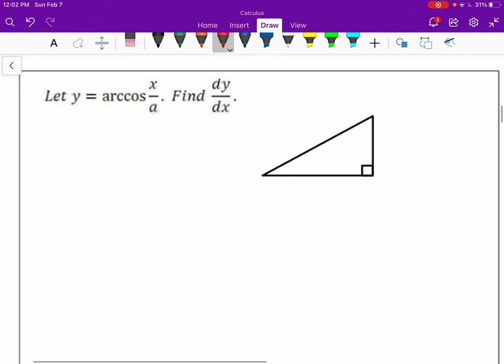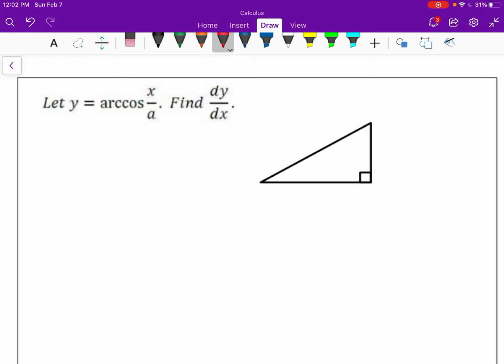Well, let's find the derivative of arc cosine. Now that we've done one, this is going to be very similar in technique. We don't know this derivative yet, so we can't just state what dy dx is, so we're going to take the cosine of both sides. So we have cosine y equals, these cancel, equals x over a.